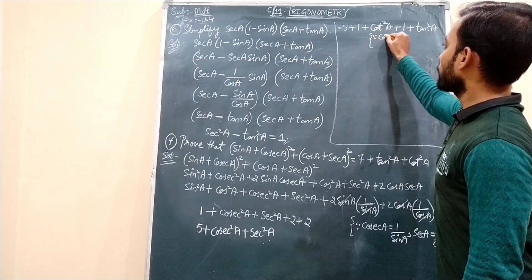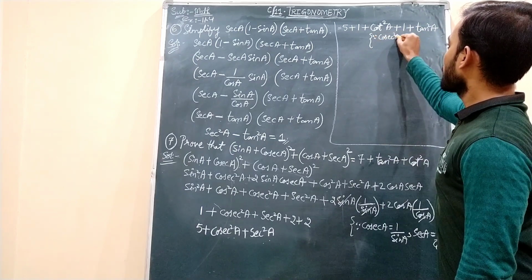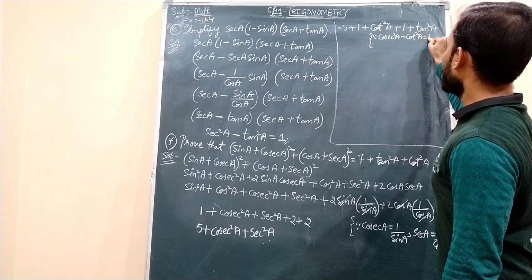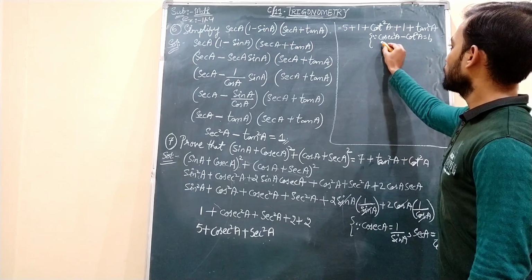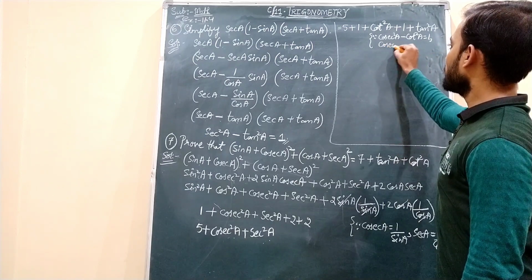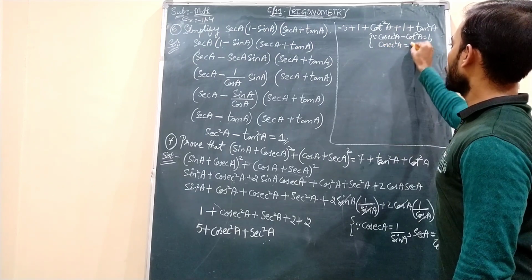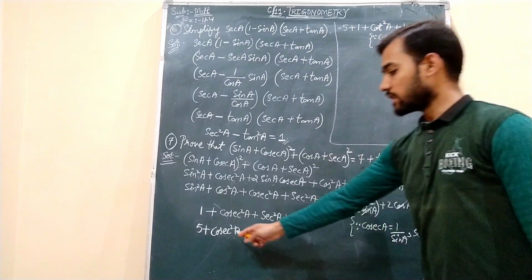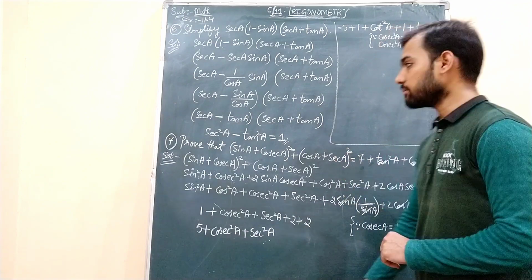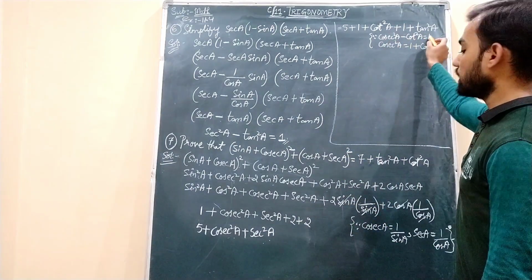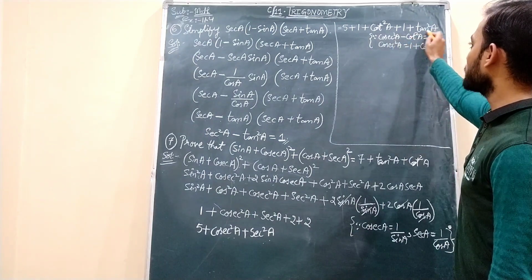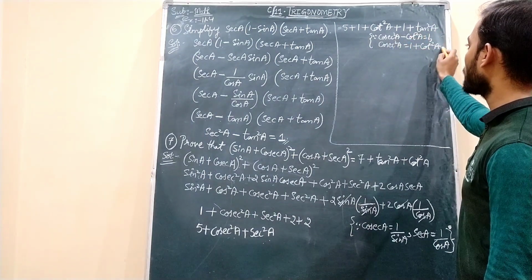Our identity is cosecant square A minus cot square A equals 1, which changes to cosecant square A equals 1 plus cot square A. As I said, this ratio is there in identity number 3. So I want the value of cosecant square A. I will keep it as it is and transpose this minus to this side. It will become 1 plus cot square A.